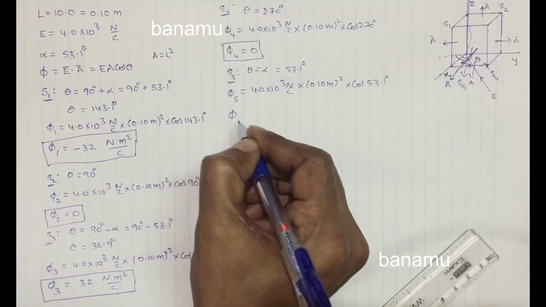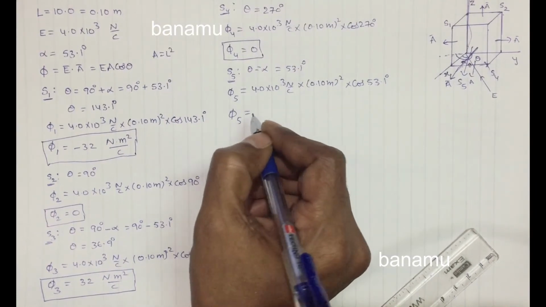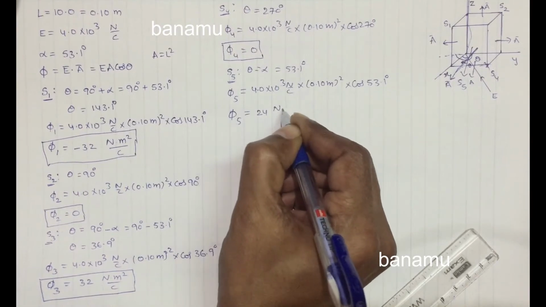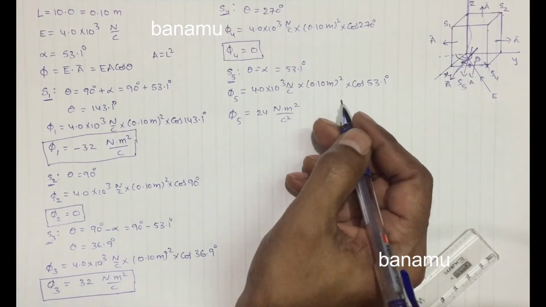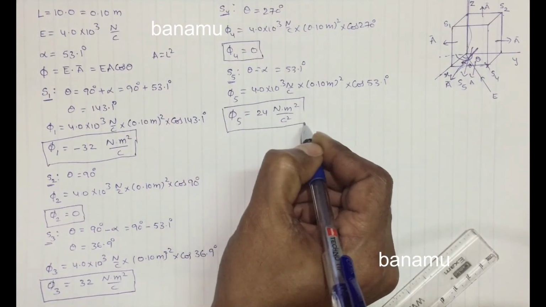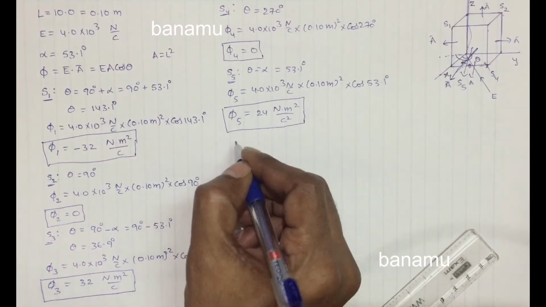So the electric flux at the surface S5 is 24 Newton meter squared per Coulomb. This is the electric flux at the surface S5, the front of the cube.